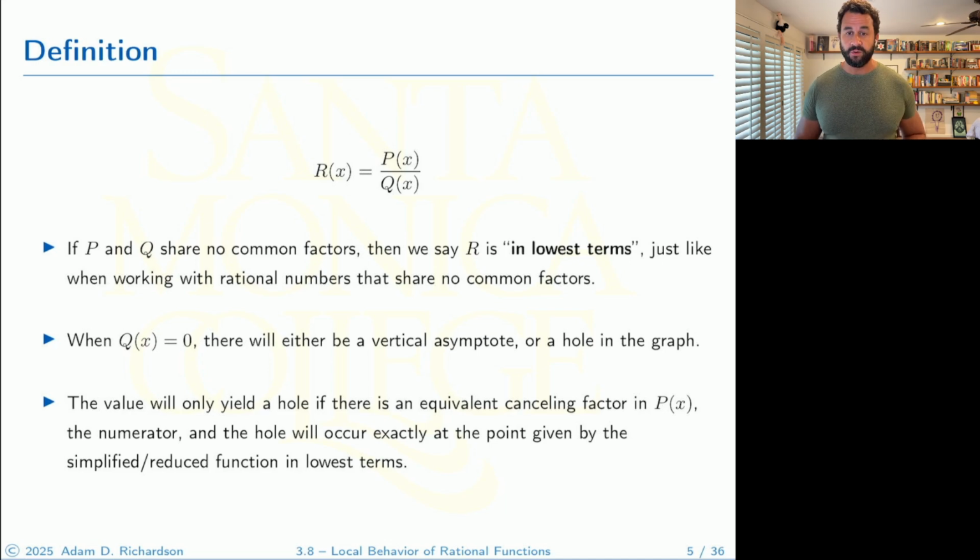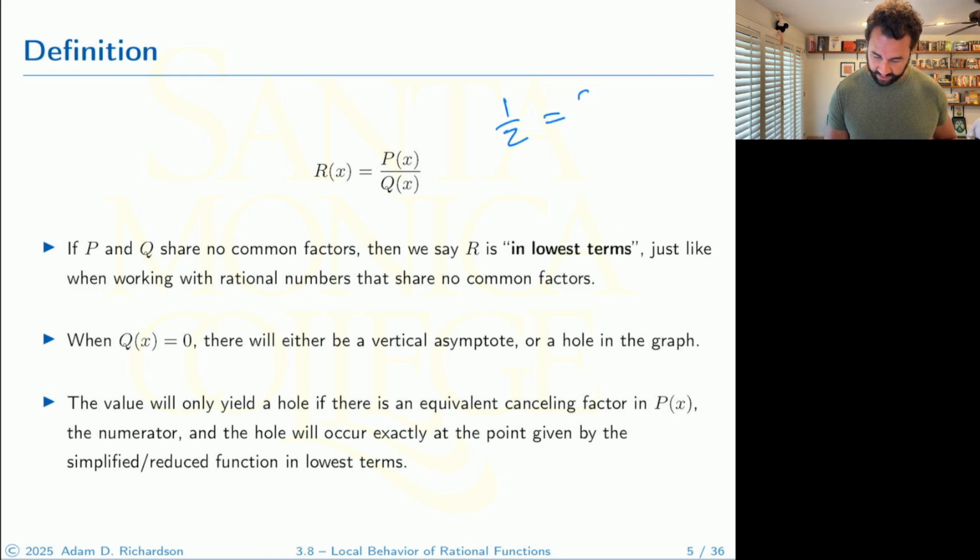All right. So if P and Q, if these two polynomials don't share any common factors, then we say the rational function is in lowest terms. Just like when you're working with rational numbers, right? If they don't share any common factors, a lot of times your teachers will say, oh, it's in lowest terms. For example, 1/2 is in lowest terms, but if you compare it to 2/4, 2/4 is not in lowest terms because the numerator and the denominator share common factors, right?